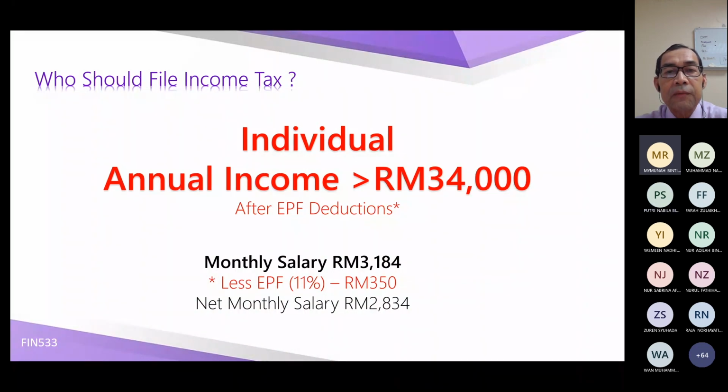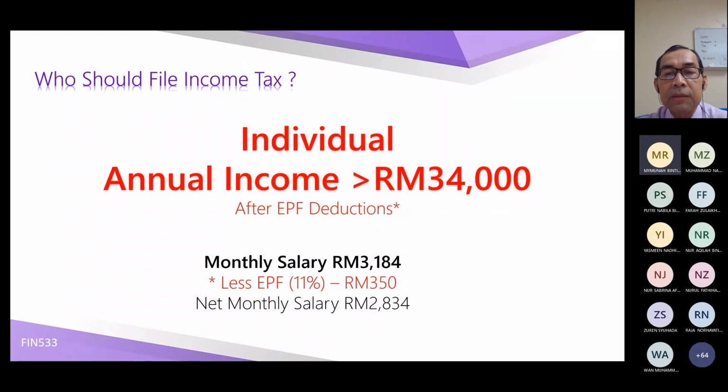But for the purpose of this, we say this individual cuma ada salary saja. Okay. So kalau ada another individual, katakanlah 3,000 saja monthly salary dia, gross dia, so definitely dia punya annual income after EPF will be less than 34,000 ringgit. So he's not required to file income tax.